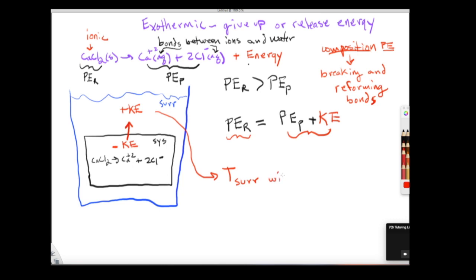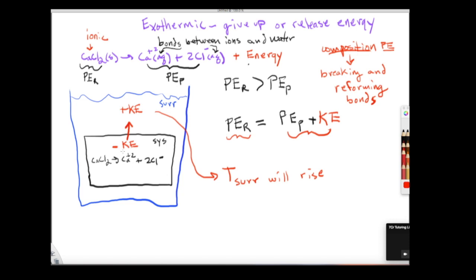the temperature of the surroundings will rise. So, to put this in human terms, when you start this experiment, say you're holding a glass of water in your hands, which represents the surroundings, that glass of water is going to be room temperature, and it's not going to feel much different in terms of how warm it feels in your hands, right? It's going to feel like there's not much difference.